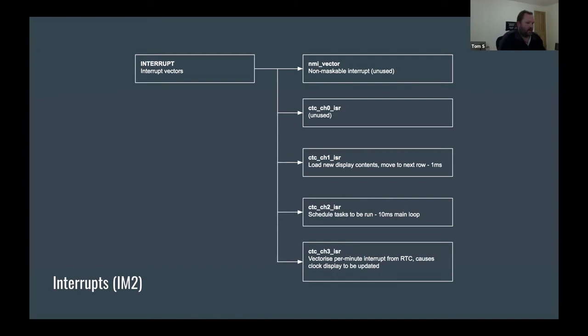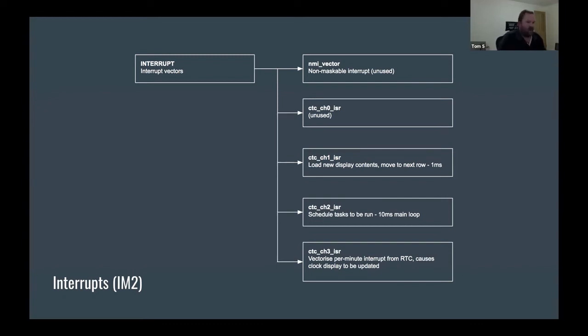Channel 1 is currently doing the 1 millisecond interrupt to refresh the display, and I distinguish refresh and update: refresh shifts out the next line of data and progresses the display to the next line, to cycle through each line of the display.